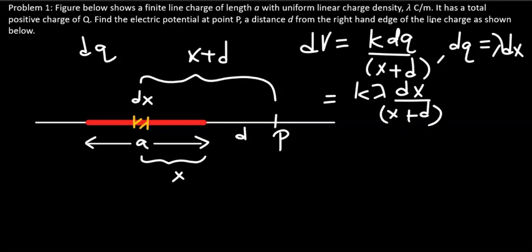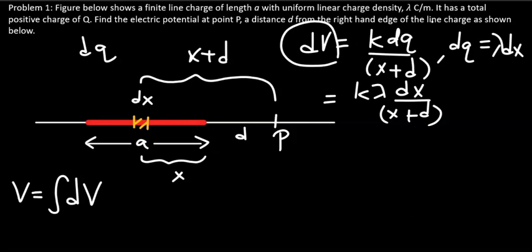In order to determine the potential created by this entire line charge at point P, we need to integrate such contributions dV from all the elements covering from this point all the way to that point.